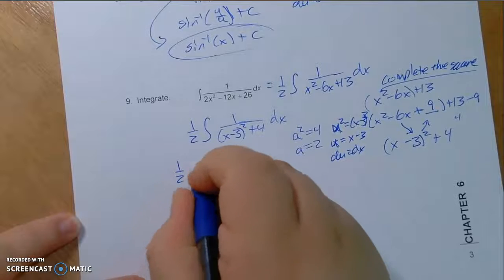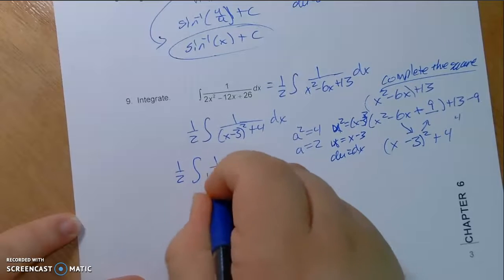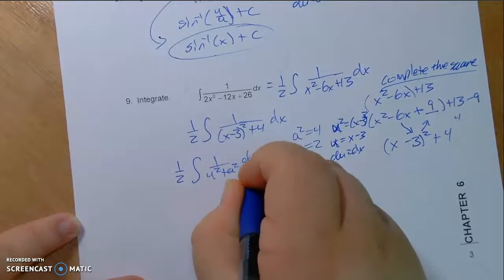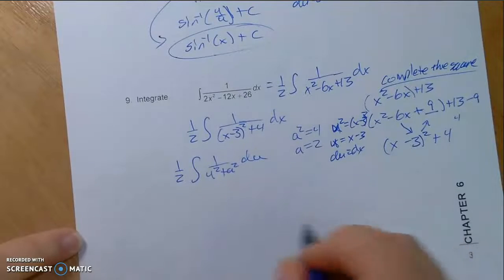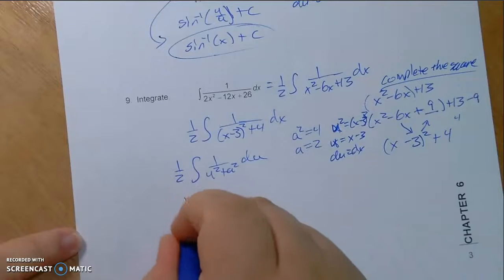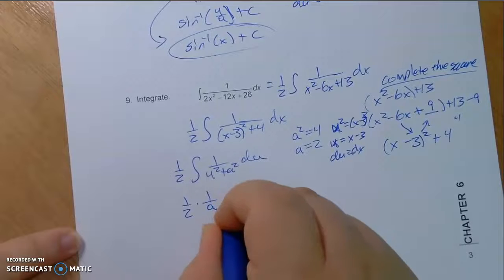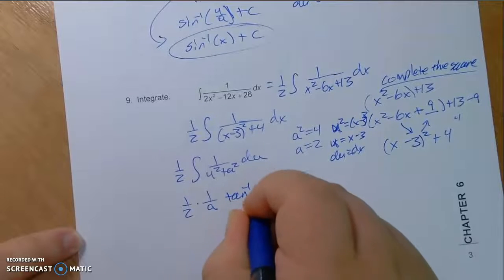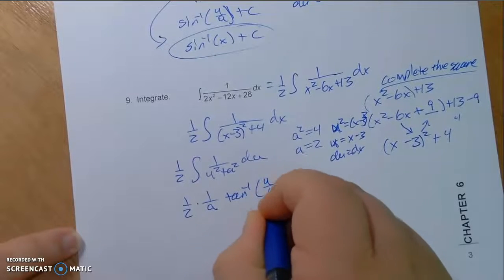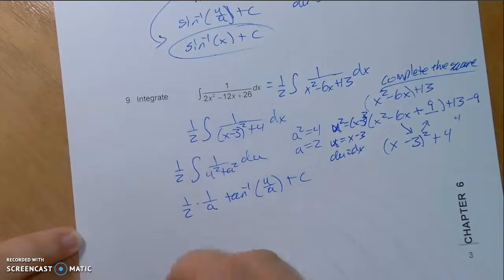So we have 1/2 the integral of 1 over u squared plus a squared du. So we integrate, we get 1/2 times 1 over a inverse tangent of u over a plus c.